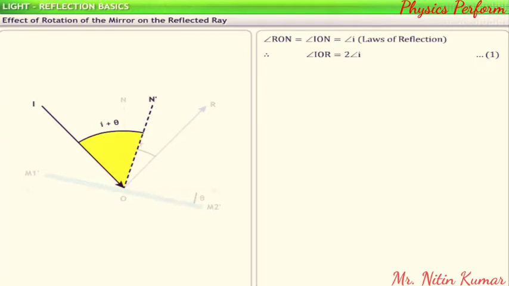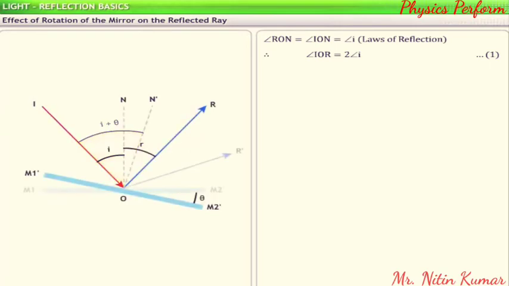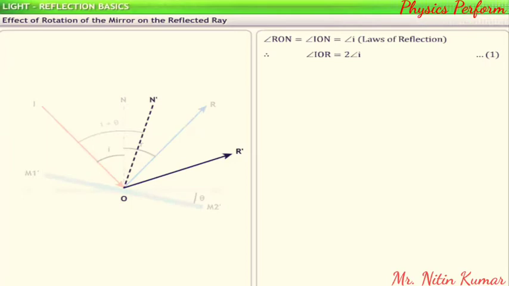Angle ION' equals I plus theta. Let OR' be the reflected ray such that angle N'OR' is the new angle of reflection. From the figure, you can see that angle IOR' is equal to angle ION' plus angle N'OR'.